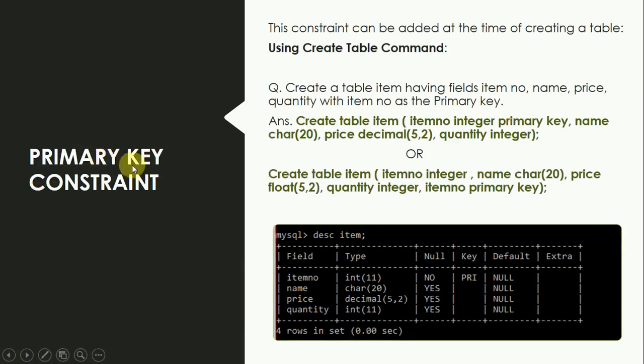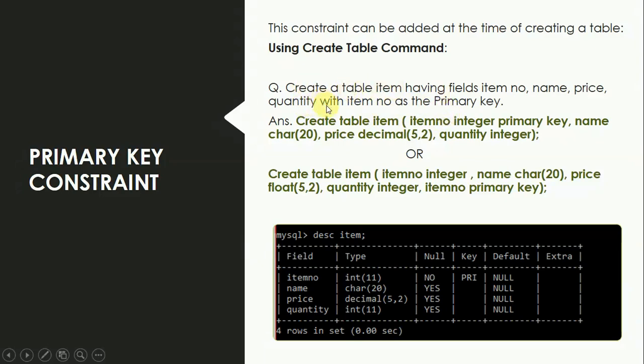Now let us talk in detail how to add primary key constraint. This constraint can be added at the time of creating a table using create table command. Suppose the question is: create a table item having fields item number, name, price and quantity with item number as the primary key.